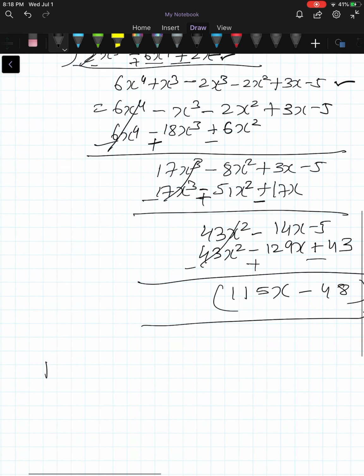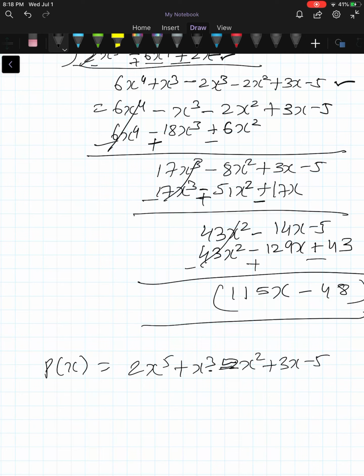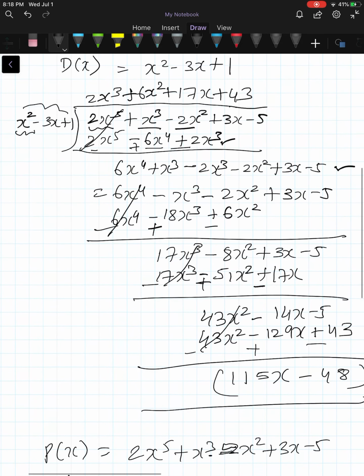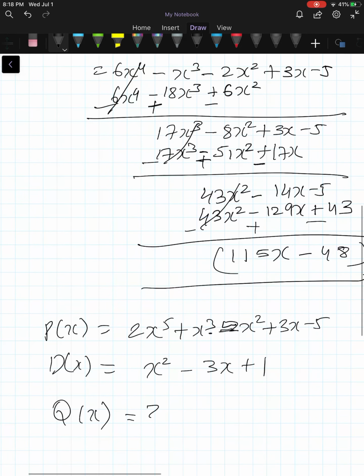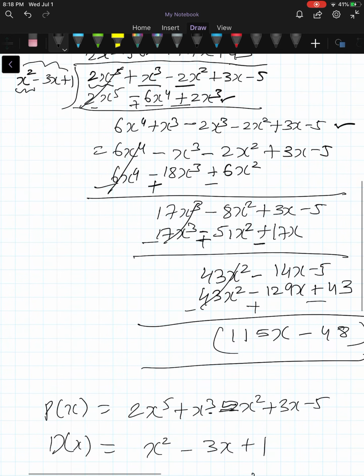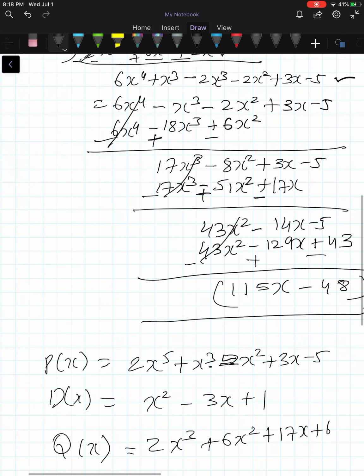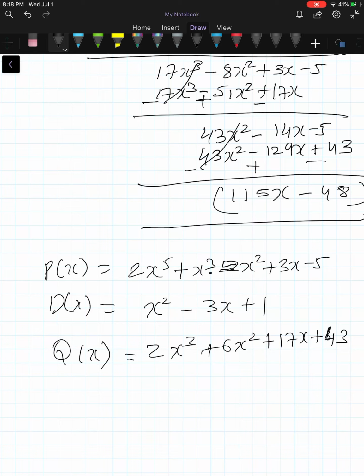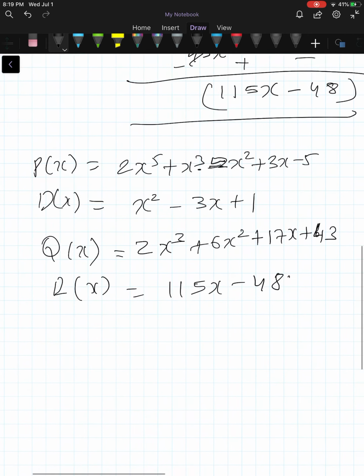So our p of x is 2x to the power of 5 plus x cube minus 2x square plus 3x minus 5, and d of x is x square minus 3x plus 1, and our q of x is, we calculated the quotient right now, so it is 2x cube plus 6x square plus 17x plus 43, and what else we need, the remainder. So r of x is nothing but 115x minus 48.